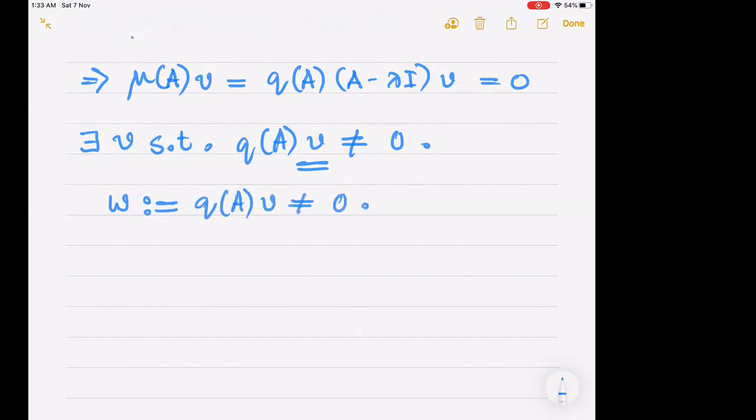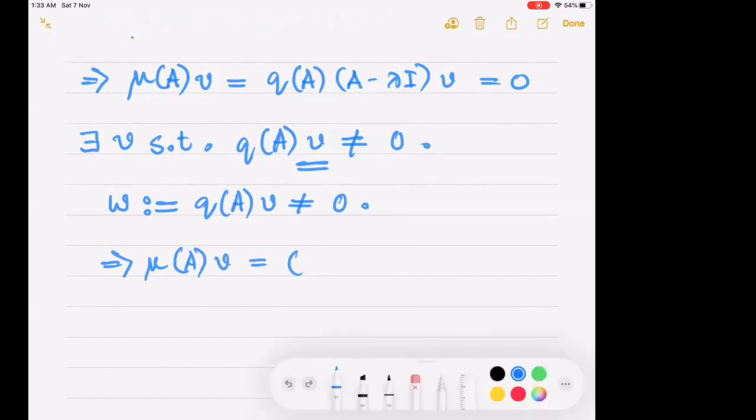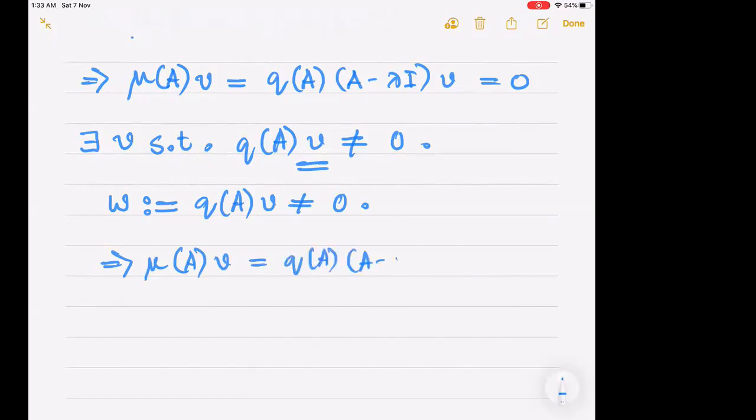So then this would mean mu(A)v, which is equal to Q(A)(A minus lambda I)v, but that's the same as I've said before, they commute because they are all polynomials in A. So this is equal to 0, right?